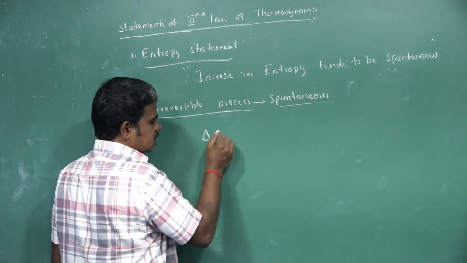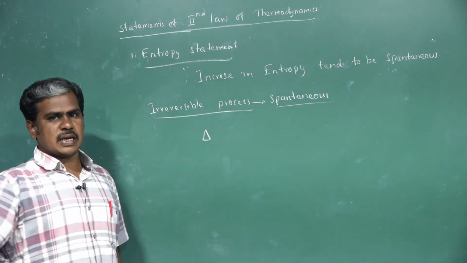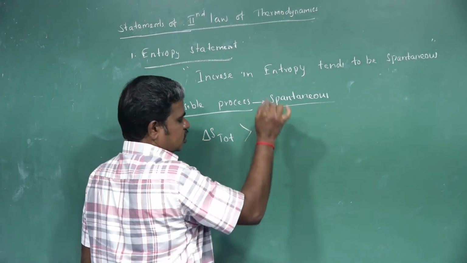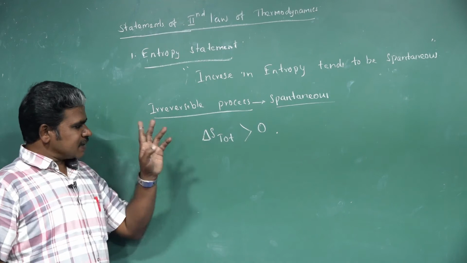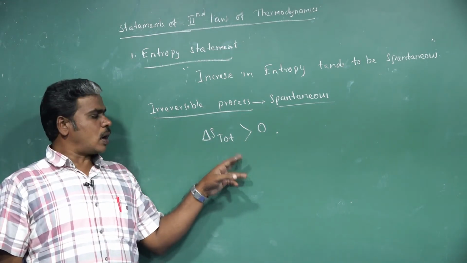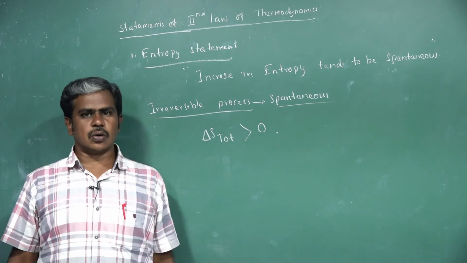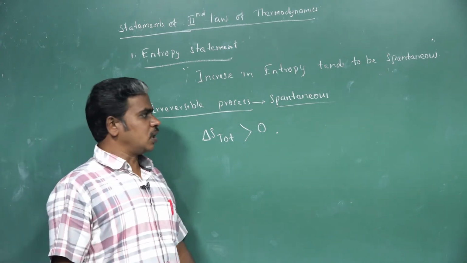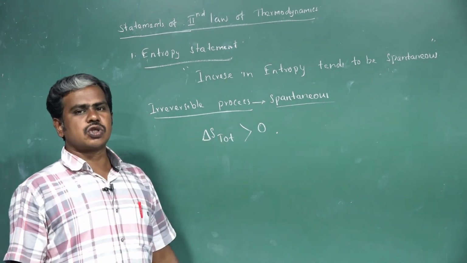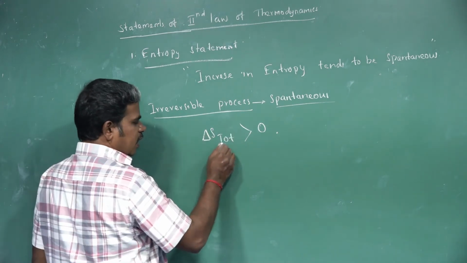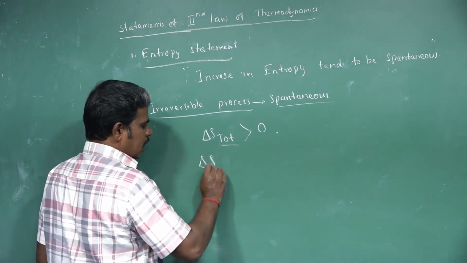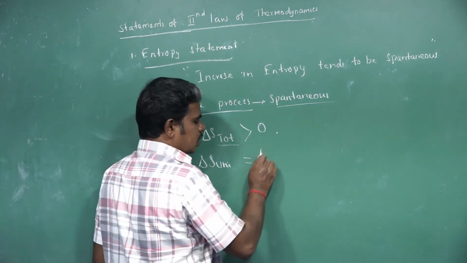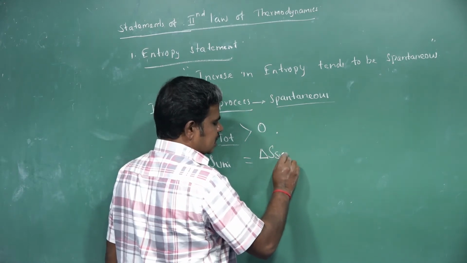For a spontaneous process, what is that? Entropy should increase. So delta S total is greater than 0, or delta S universe is greater than 0, is nothing but a spontaneous process. So what is the condition for spontaneity? Delta S universe or delta S total is greater than 0.